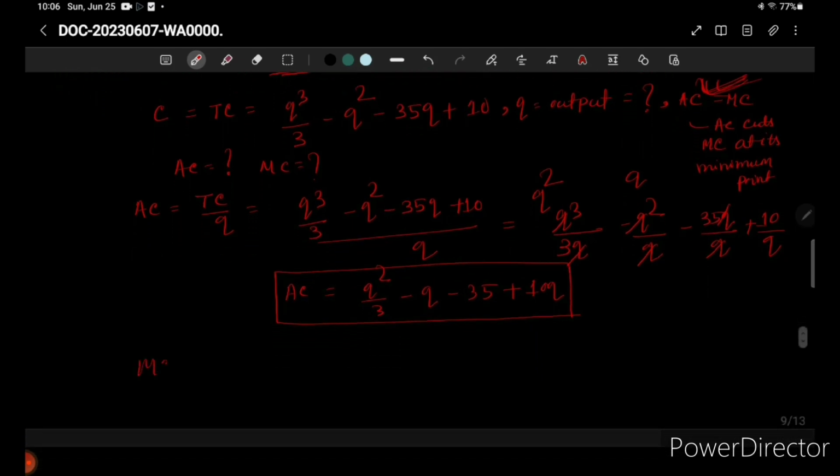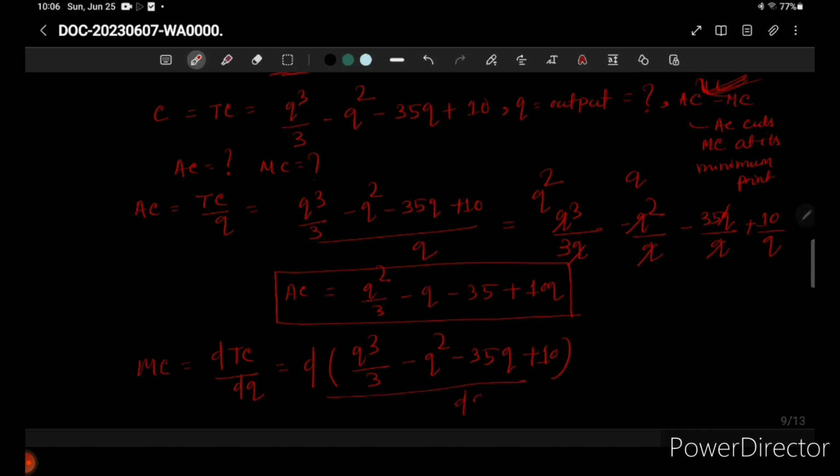Again MC, it is known as the marginal cost, and this is the derivative of total cost with respect to dQ. So d of Q cube divided by 3 minus Q square minus 35Q plus 10 with respect to dQ.